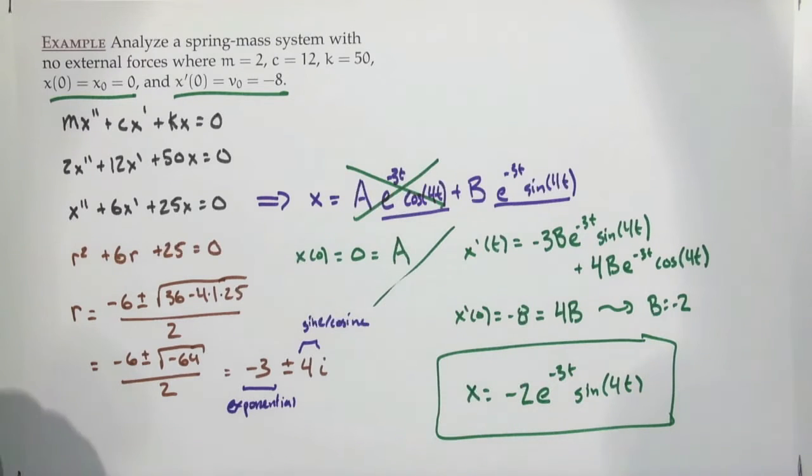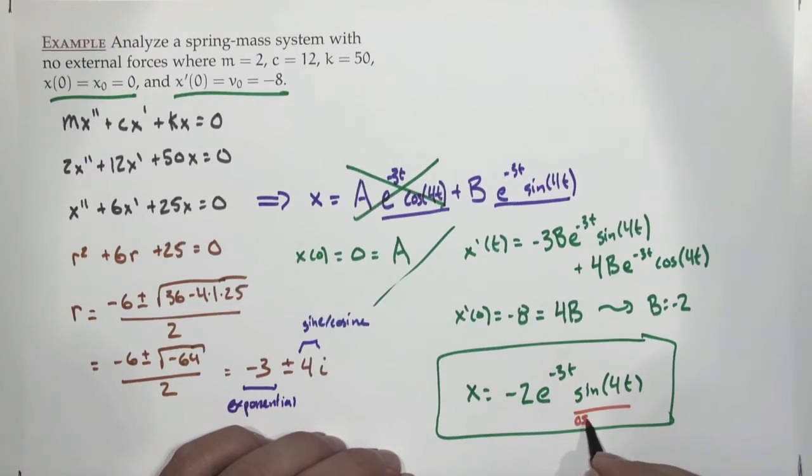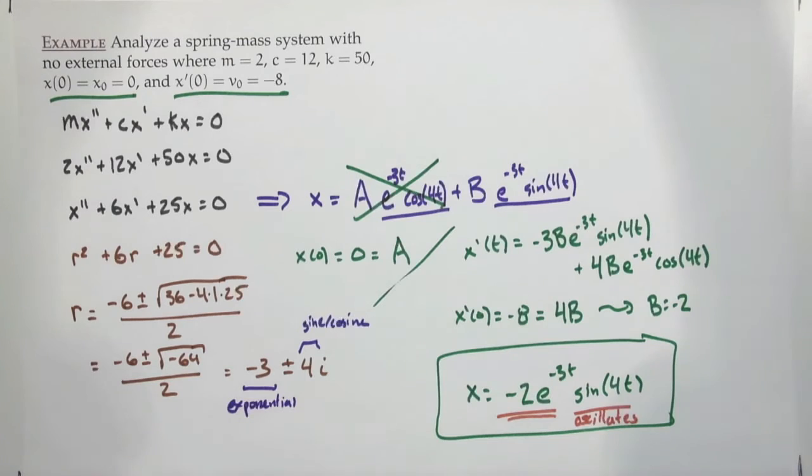So that's good, we'll just make a note: this oscillates. One thing we can think about is where it's oscillating between. It's oscillating between this curve and the negative of that curve, because sine can go between positive 1 and negative 1.